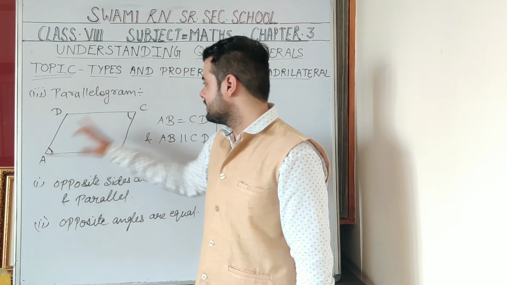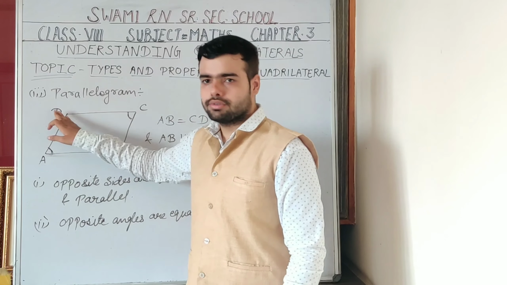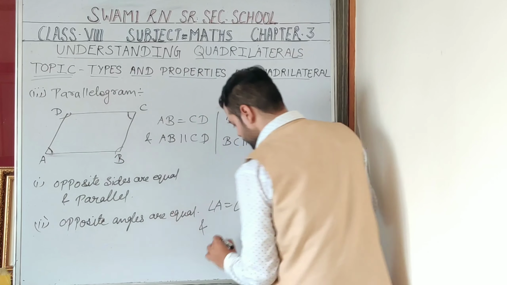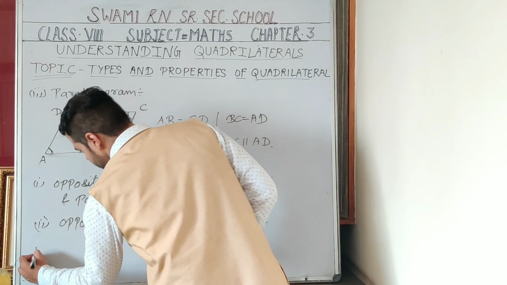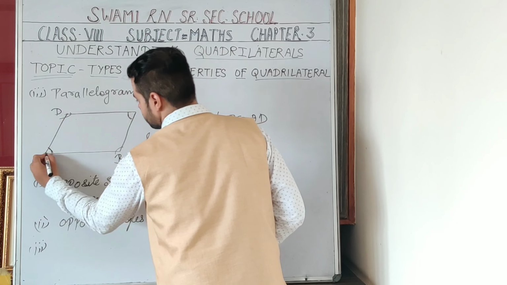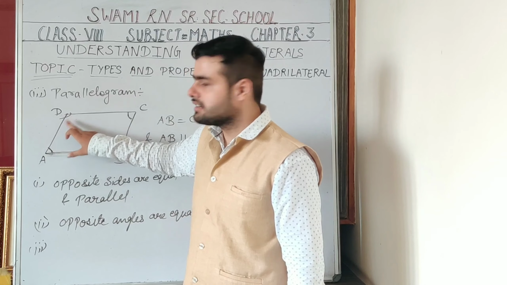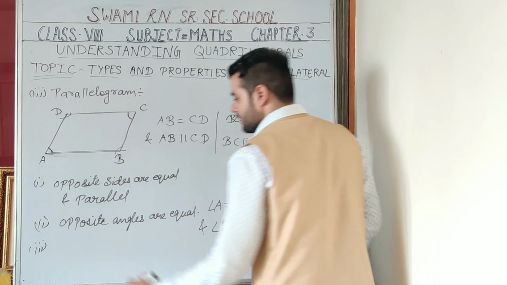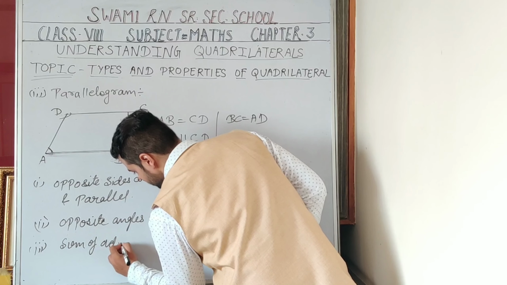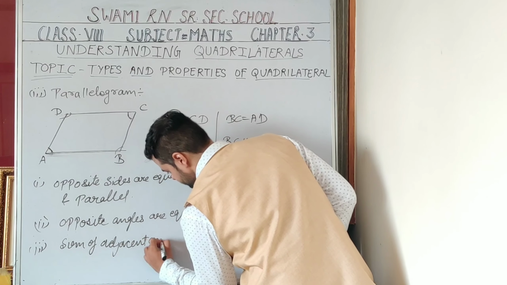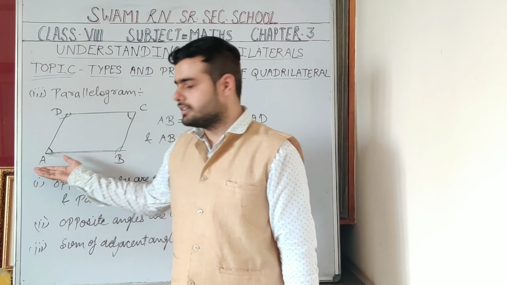If angle A equals angle C, then angle B equals angle D. Now, the third point: these two lines are parallel to each other, so angle A and angle D are adjacent angles, and the sum of adjacent angles is 180 degrees, meaning the sum of adjacent angles is supplementary.